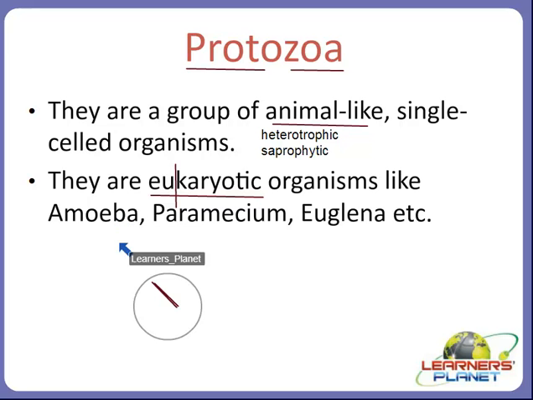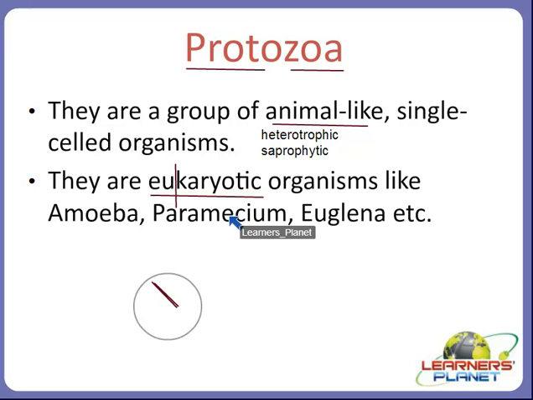So now, if amoeba is quoted here, then you know what is the specialty of this particular organism? Amoeba is a free-living unicellular organism. The special property of this organism is that they are having a very highly flexible cell membrane. The outer boundary, that is the membrane, is flexible, and thus it can change its own shape.